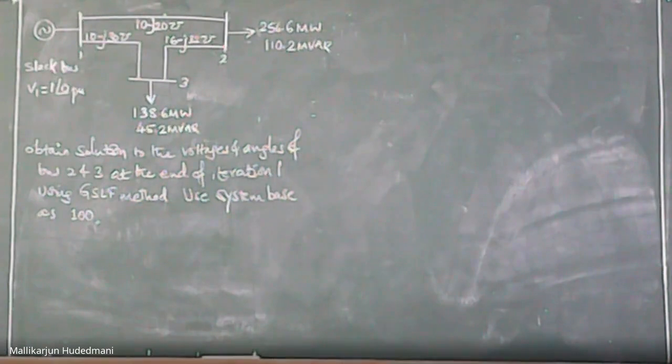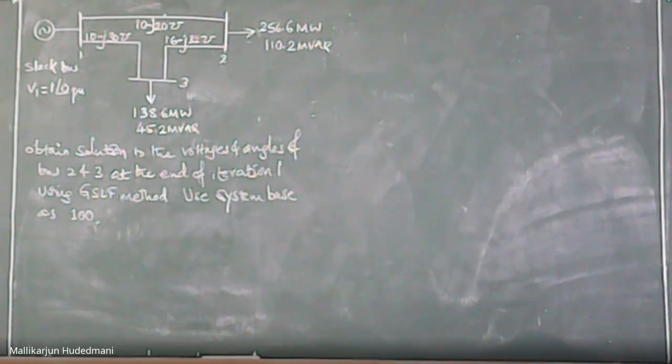Instead of giving you a table, can you make out the difference between the previous problem and this problem? In the previous problem, much of the data was given in the form of a table. Now it is put in the form of a representation on the diagram itself.